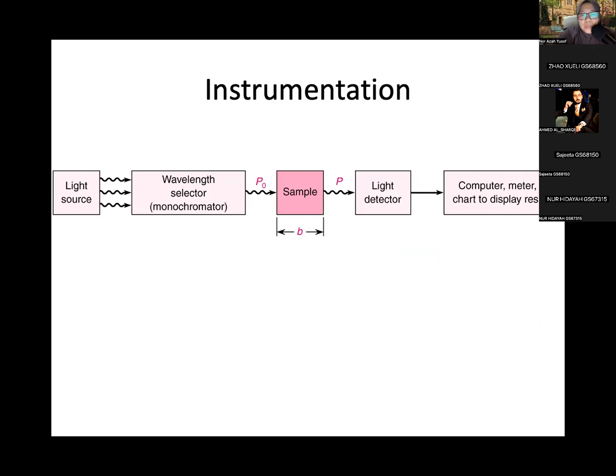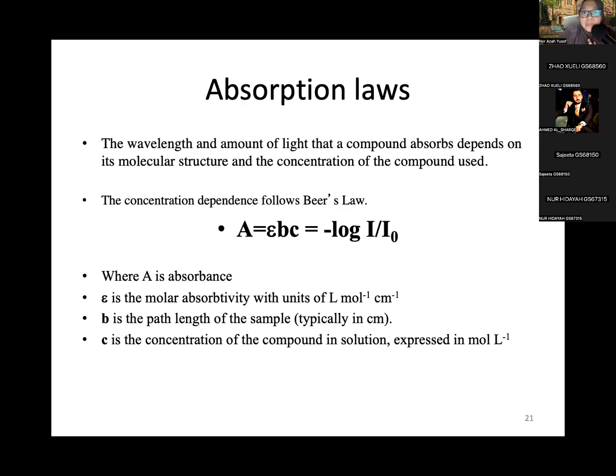So this is the basic instrumentation for UV. You have a light source, you have a monochromator, which selects the wavelength. And this is the sample you wish to analyze, with the light going through it. For example, I mentioned drugs, I mentioned pesticides, because those are organic compounds that usually contain chromophores. And you have the detector, which means that you will get the absorbance spectrum just now.